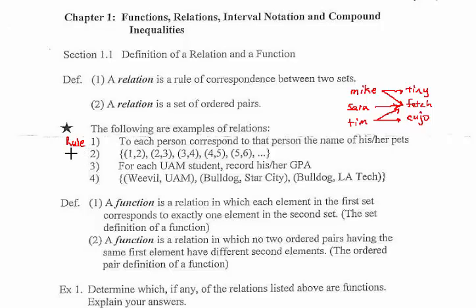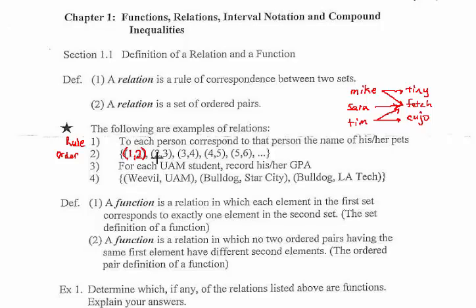Number 2 is ordered pairs. This is the first ordered pair in this relation. It is assigning 1 to 2. Ordered pairs are designated with open and closed parentheses, and there's a pair of numbers inside. So one assignment is 1 to 2.